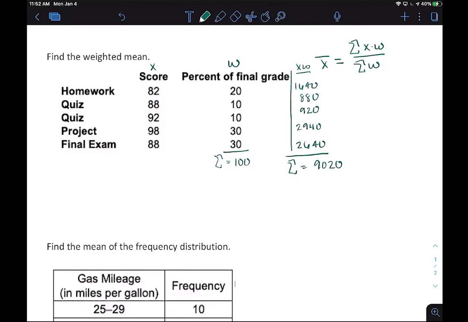So our mean, X bar, is going to equal 9,020 divided by 100, which gives us 90.2. I think weighted mean is the one we felt most comfortable with because it was something we've done before. Questions with weighted mean?